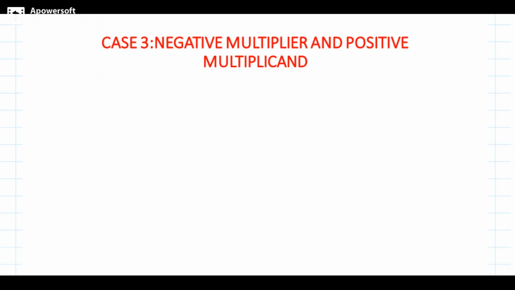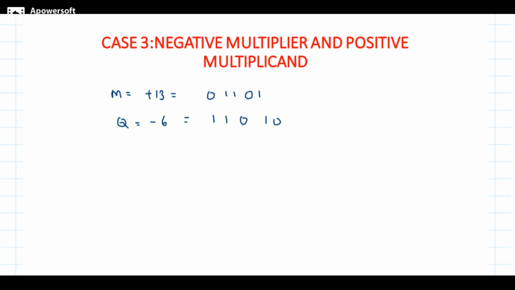So I can take m equal to plus 13, represented in binary as 0 1 1 0 1, and the negative multiplier q as minus 6, that is 1 1 0 1 0. So we take minus 6 and plus 13.